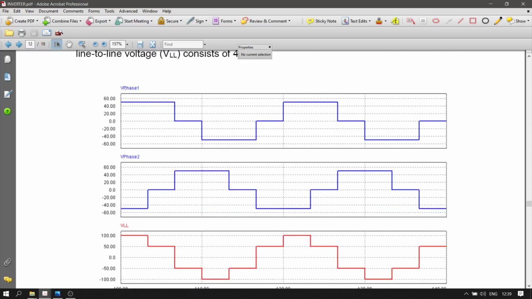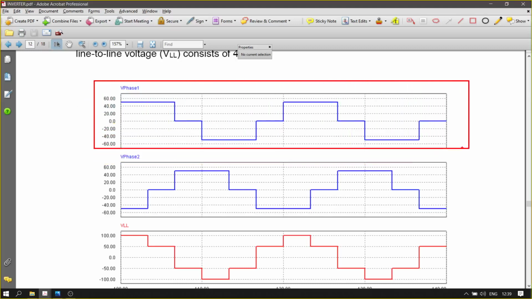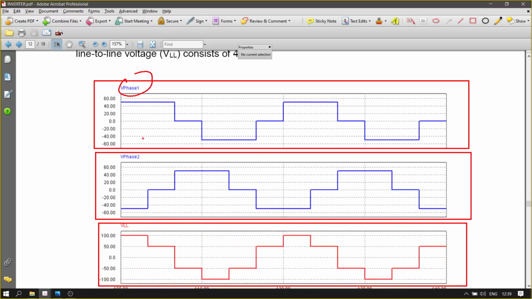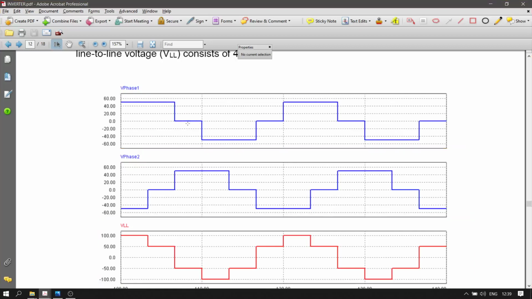You only focus on two phases, phase 1 and phase 2. So this gives the phase voltage across resistor 1, phase voltage across resistor 2, and this is the line-to-line voltage between phase 1 and phase 2. Okay, so you have three different voltage waveforms here.